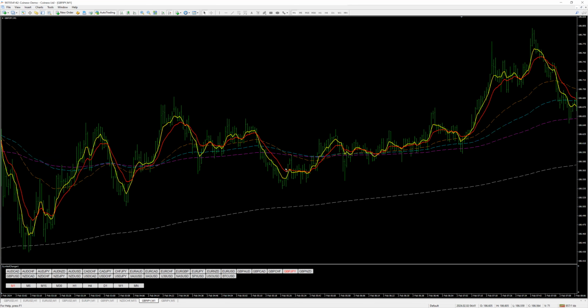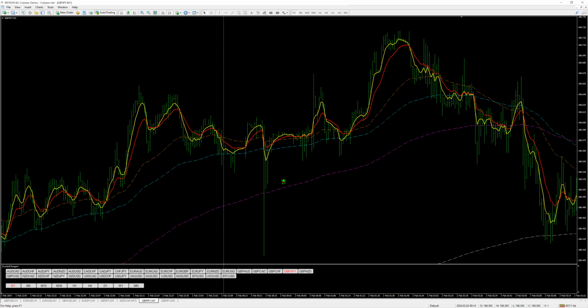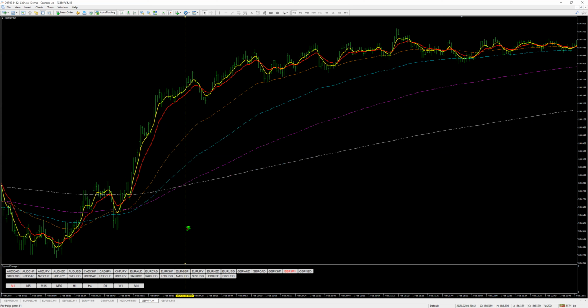In other words, here the price moved above the 1 hour, and it moved above all the other time frames. So this was the highest point in the time frames.